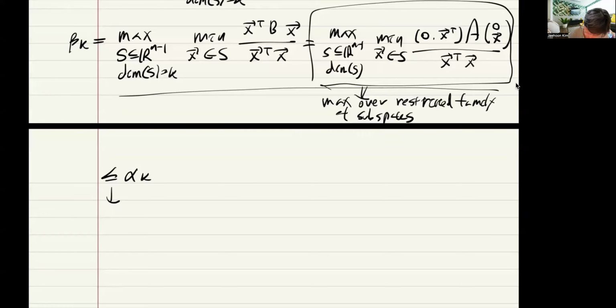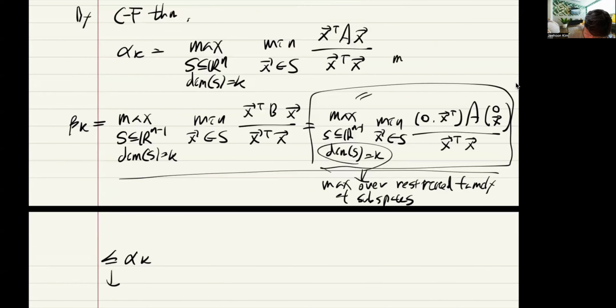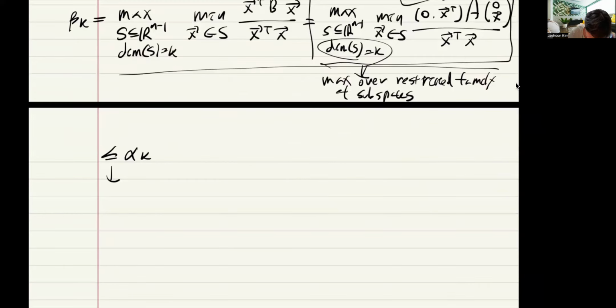So you just consider the k-dimensional subspace whose first coordinate is 0 in R^n. So this is same as what? Maximum over all S in R^n with dimension k, and S is orthogonal to the (1, 0, 0, 0) vector, and then you do the minimization inside. So you get this inequality.